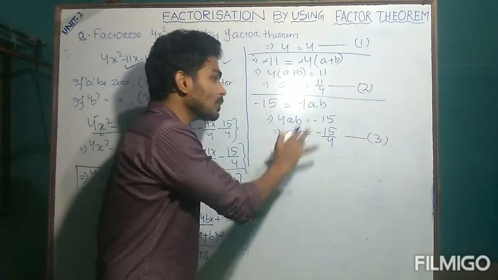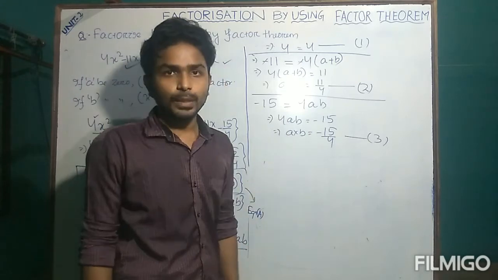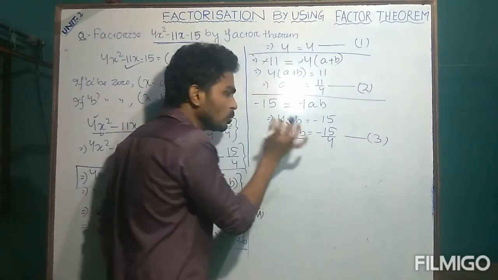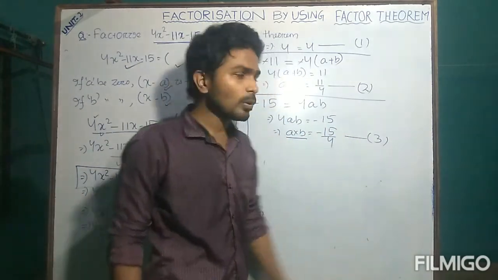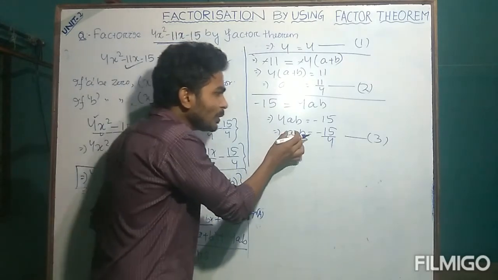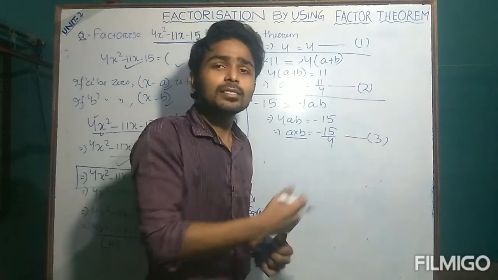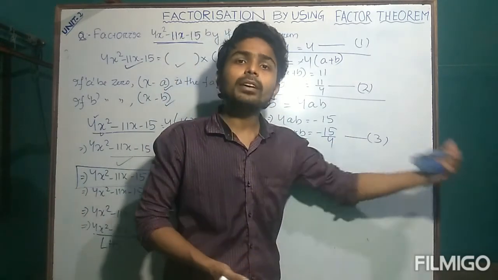Now from that equation we will derive some possible values of a and b. Why? Because here you can see the multiplication of a and b will be minus 15 by 4. Suppose we take the value of a to be 1, then I have to find the value of b. If I take the value of a to be 2, then what will be the value of b?